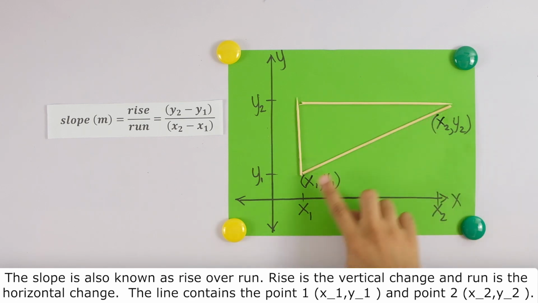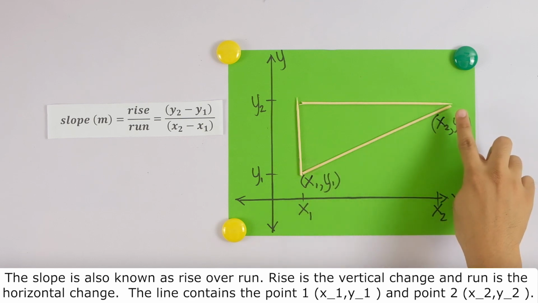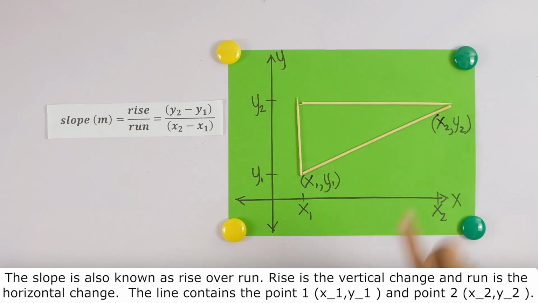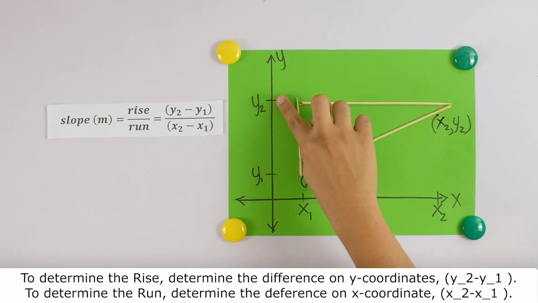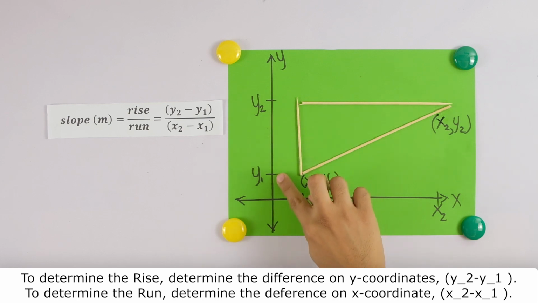The line contains point 1, x sub 1, y sub 1, and point 2, x sub 2, y sub 2. To determine the rise, determine the difference on y coordinate, the y sub 2 minus y sub 1.